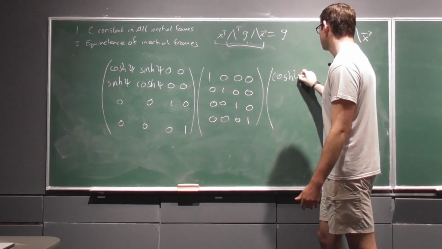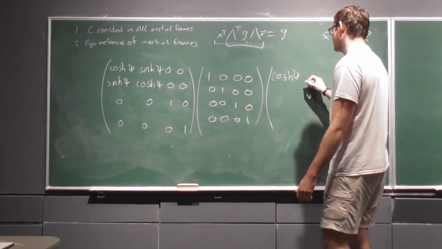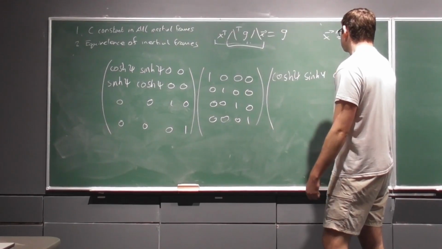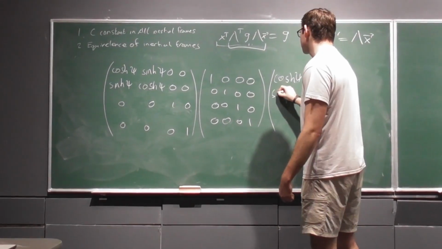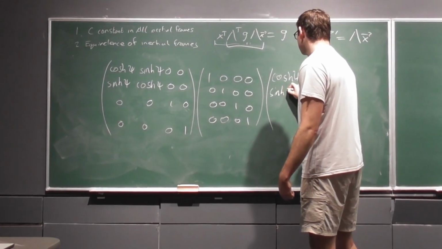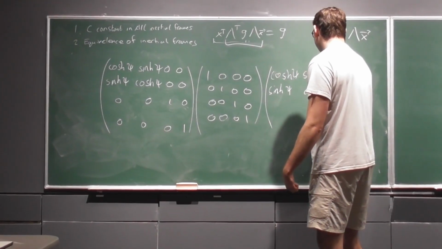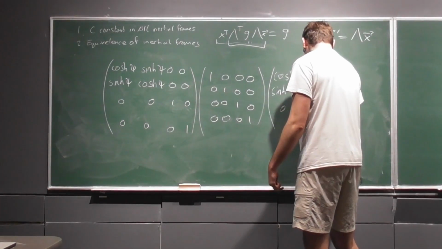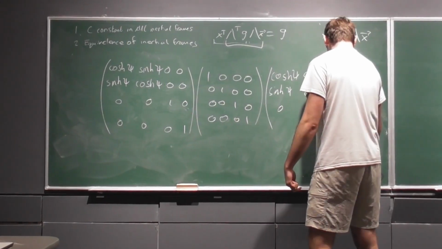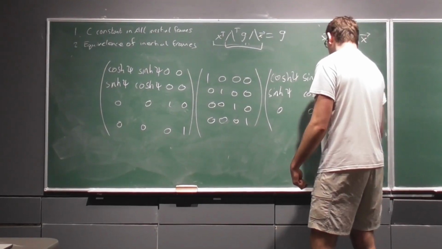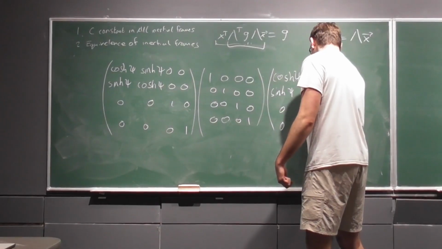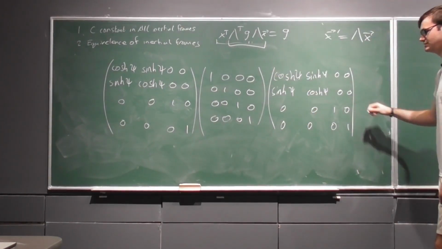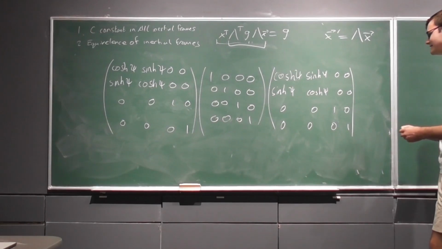So then we get just this part, which is just the matrix: cosh psi, sinh psi, 0, 0, sinh psi, cosh psi, 0, 0, 0, 0, 1, 0, 0, 0, 0, 1. You can begin to see why we use index notation, so that we don't have to write out all of these.